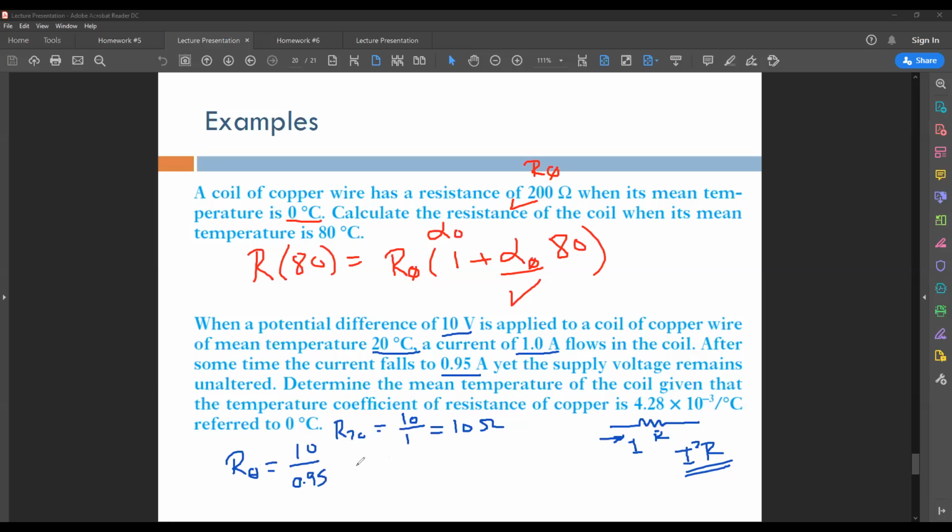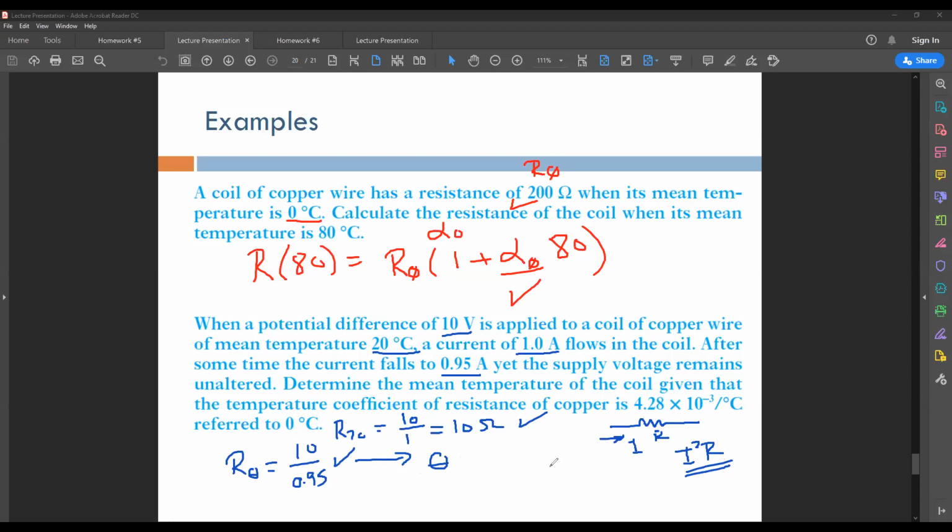What he needs to know is what is the theta at that time. So theta at 20 was given like this. The resistance at the unknown theta was given also like this.